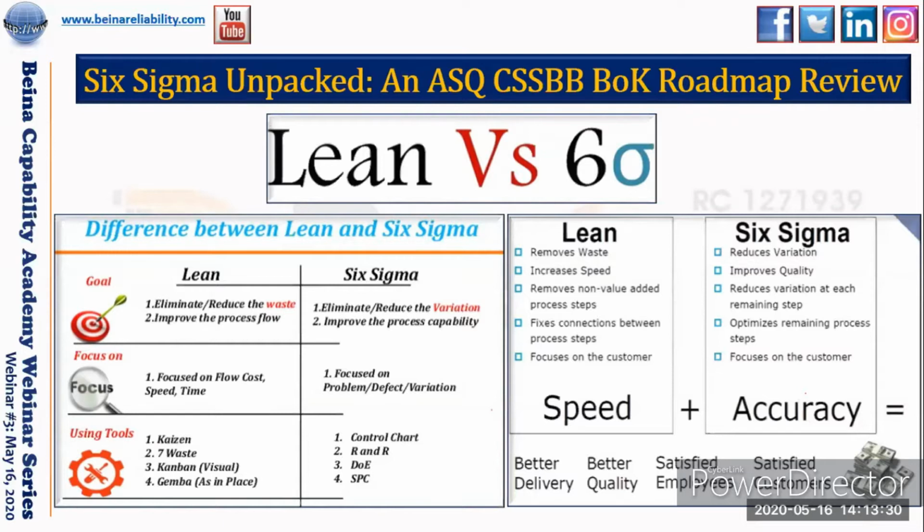And then if you look at the tools both of them employ, like I mentioned earlier, Lean will be using tools like Kaizen, 7 Waste, and Gemba, that's visiting the place where it's happening. In Six Sigma, you will be hearing tools like control chart, which helps you set the target and set the upper and lower specification limit.